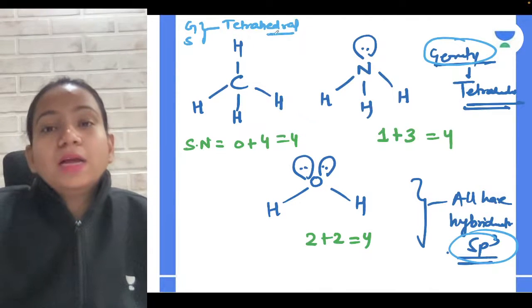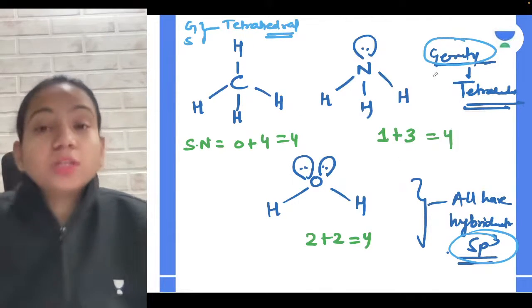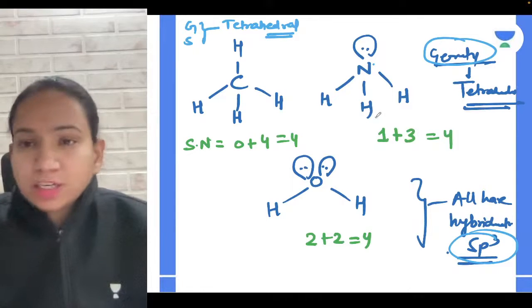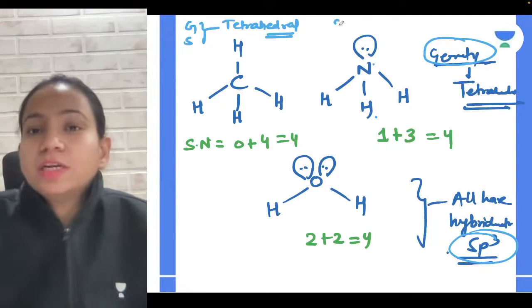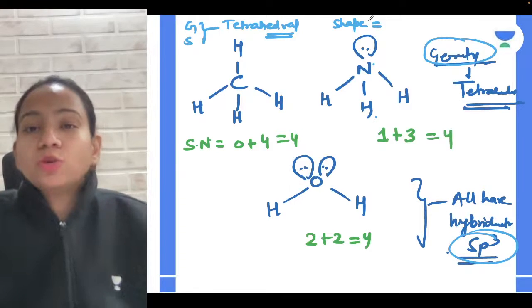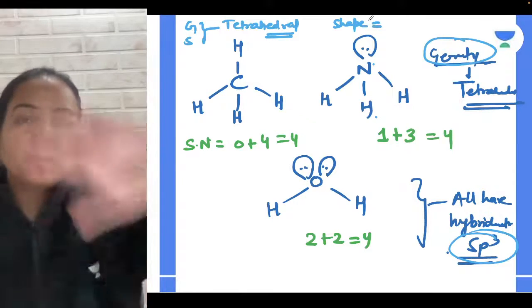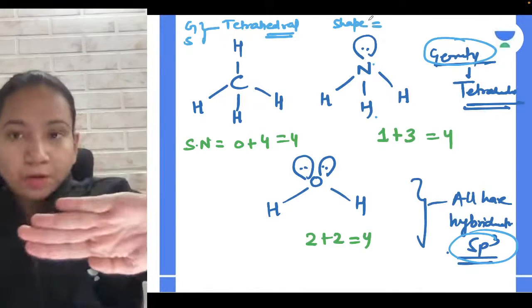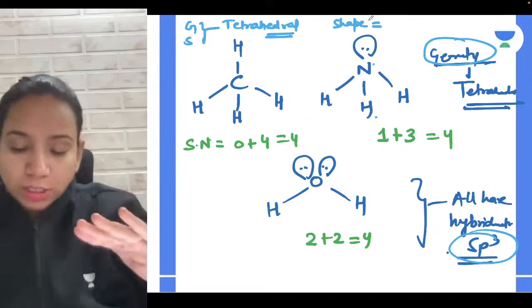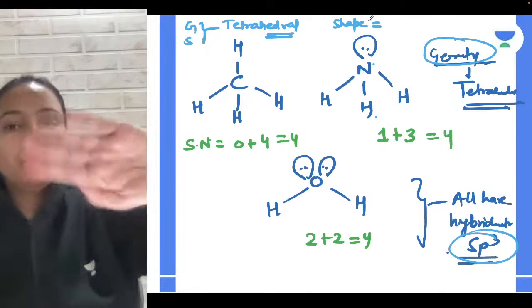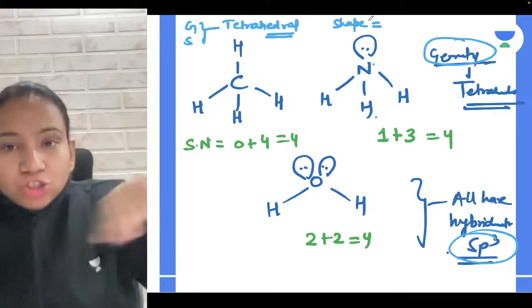While for ammonia, guys, it's very important. For ammonia, geometry is tetrahedral only. For all of them, geometry is tetrahedral. But how will you get to know the shape? Always remember, whenever you have to tell shape, just hide the lone pair. On your notebook, hide the lone pair and check what shape it is acquiring.